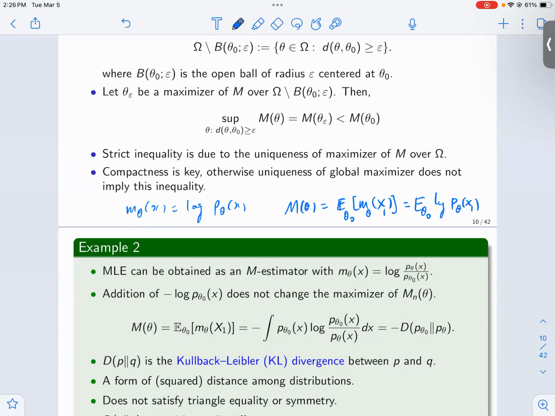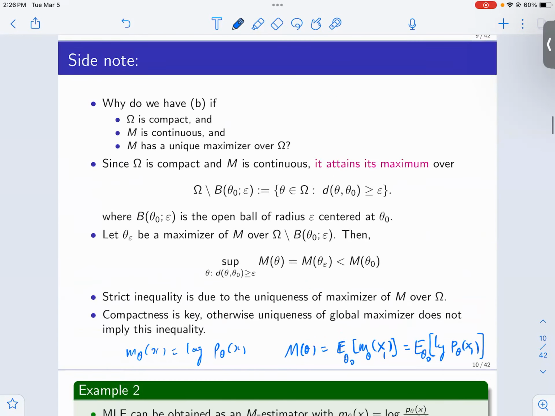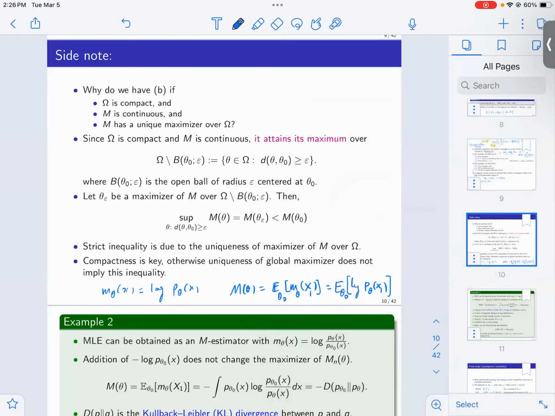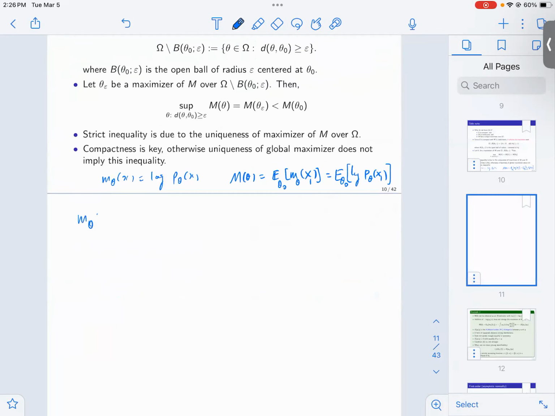And this is related to what is known as the KL divergence. In particular, it's easier for analysis purposes to redefine m theta to be log p theta of x divided by p theta naught of x. So let's say Mn is 1 over n, summation i from 1 to n, m theta of xi, and then I write the MLE as argmax of Mn theta.